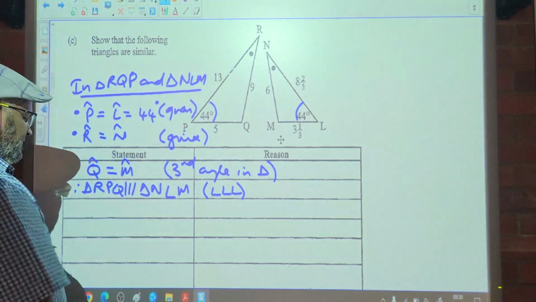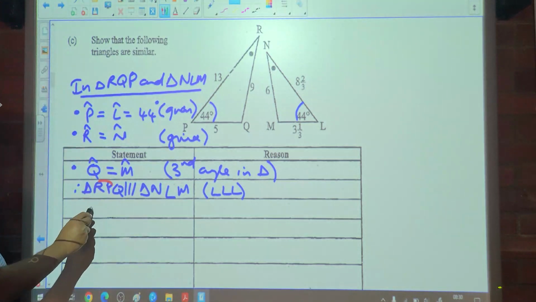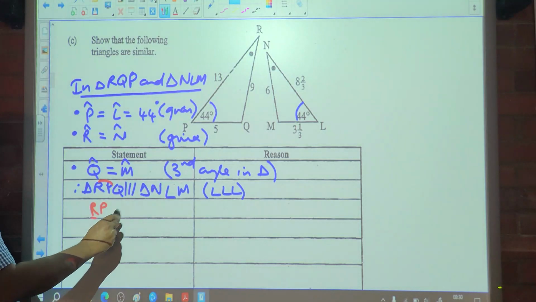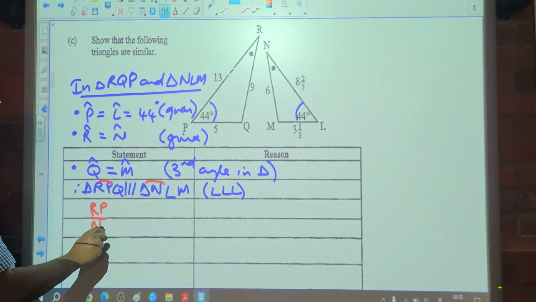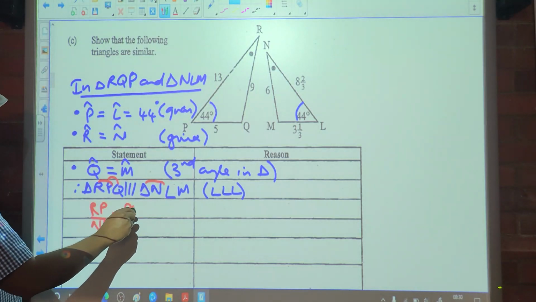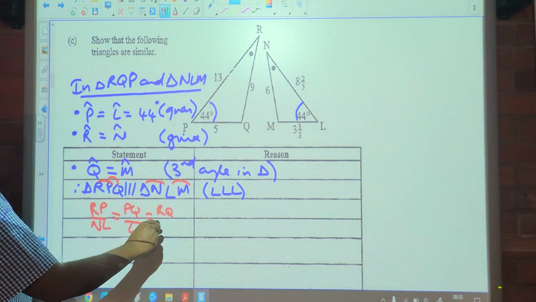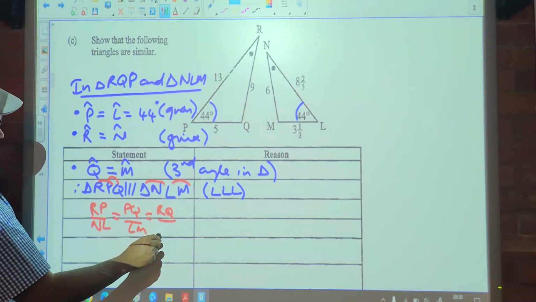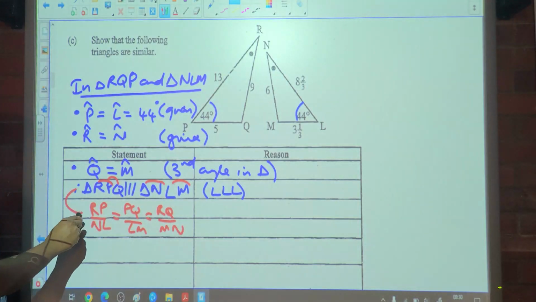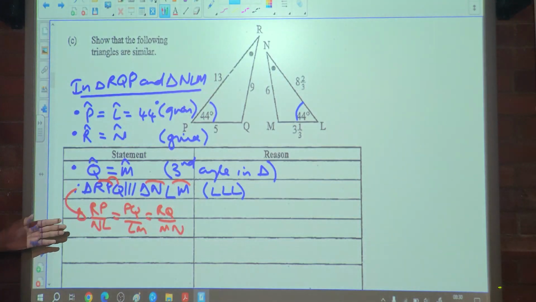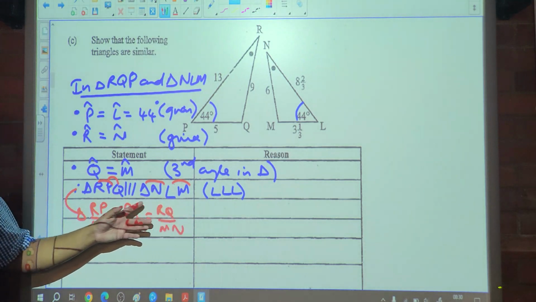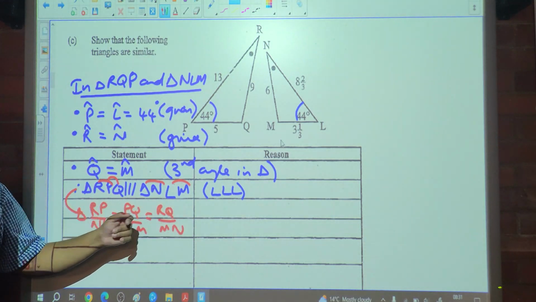That is why we can say that RP over NL is equal to PQ over LM is equal to RQ over MN. And this is what we call the sides are in proportion. Can you see that, people?